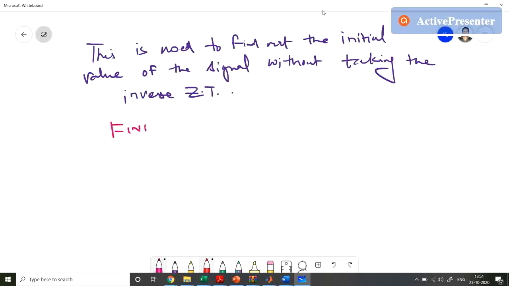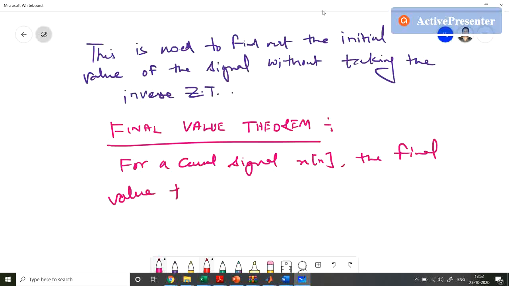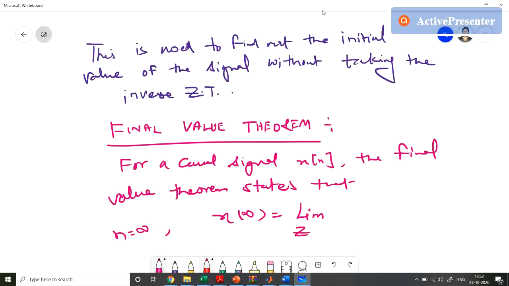Now another is the final value theorem. For a causal signal x[n], the final value theorem states that x[infinity], that is the final value at n equals infinity, is nothing but the limit as z tends to 1 of (z minus 1) times X(z).